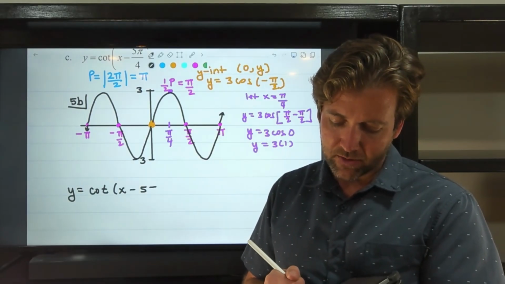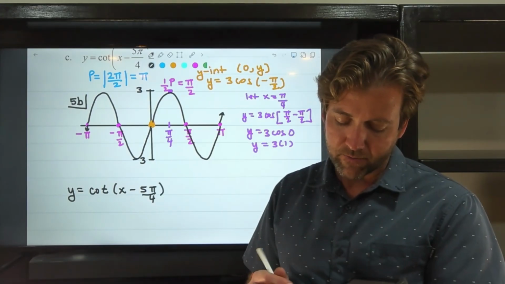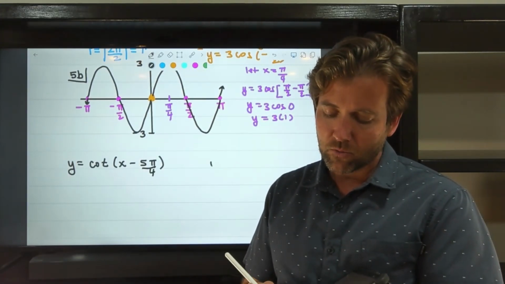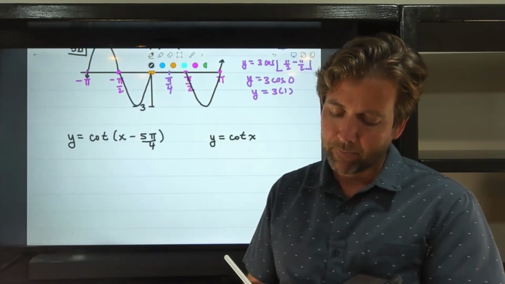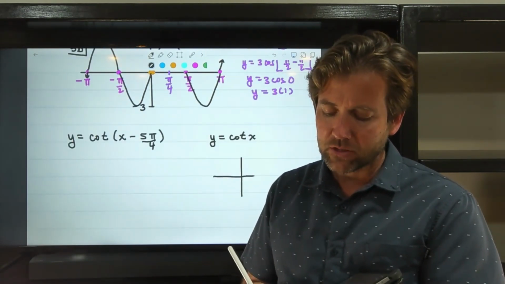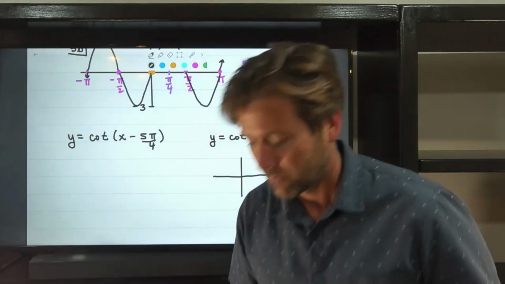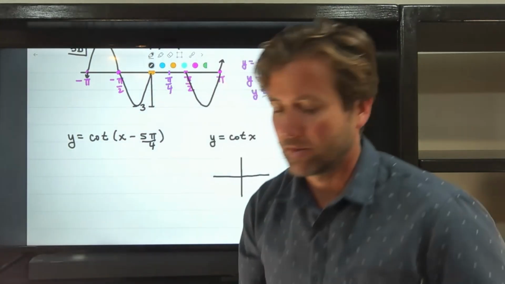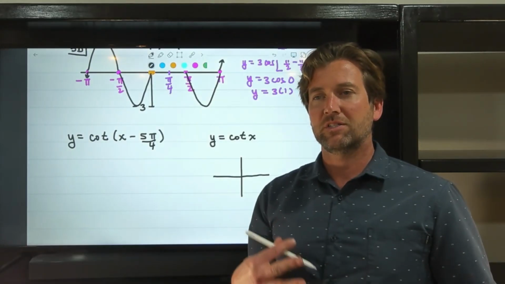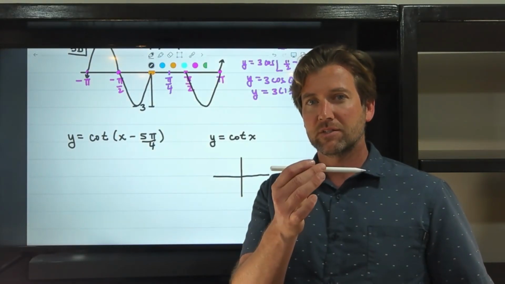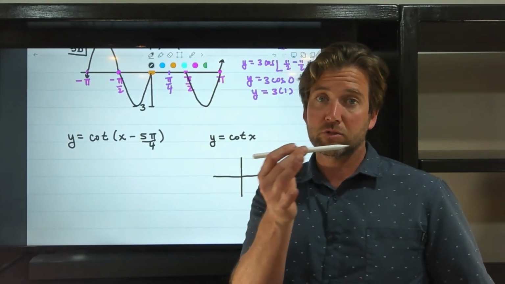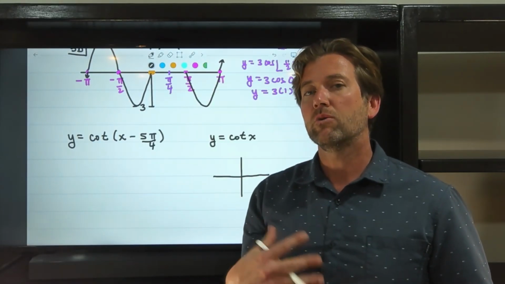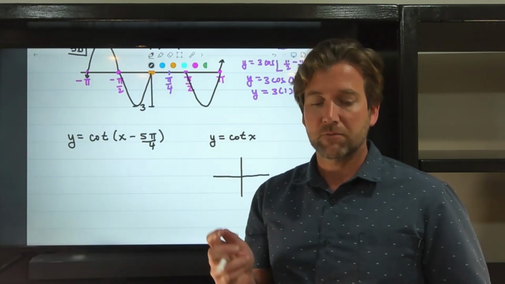We're shifting the cotangent of x graph to the right 5 units. We should know that the tangent of 0 is 0. So the angle is 0. The tangent of 0, which is the slope of that angle, is 0. So the cotangent of 0 will be undefined.